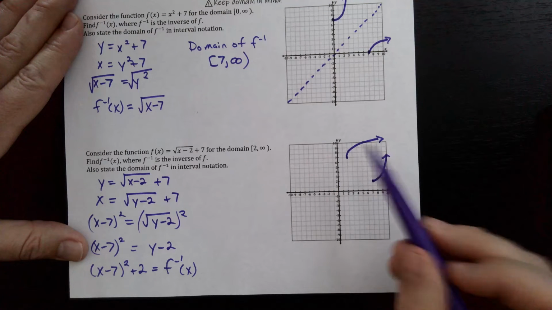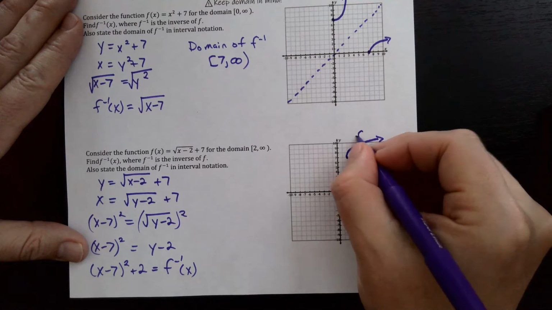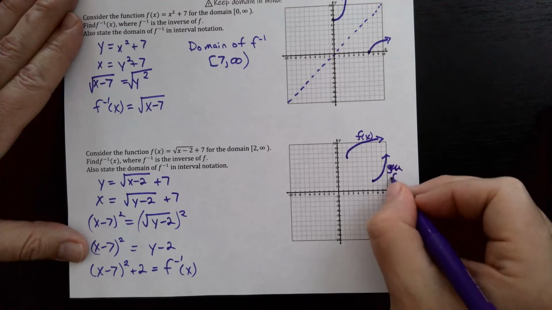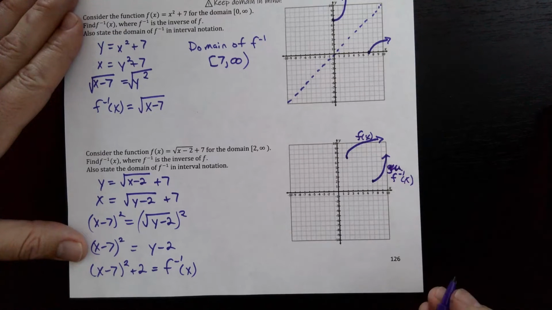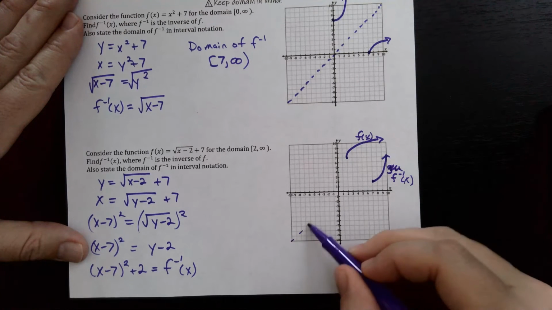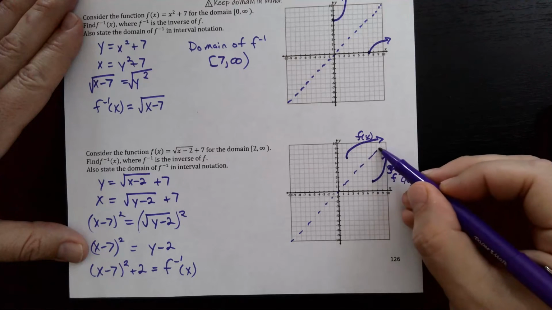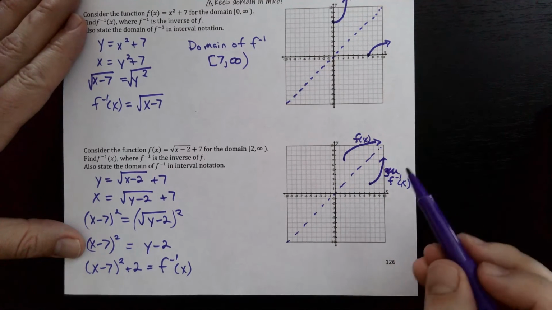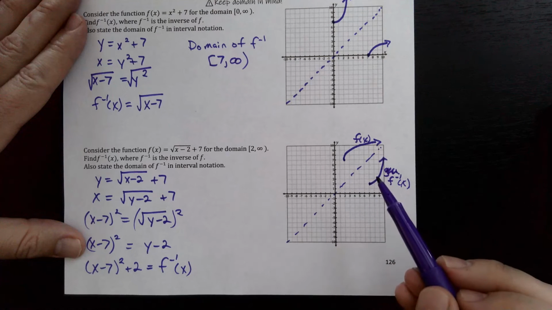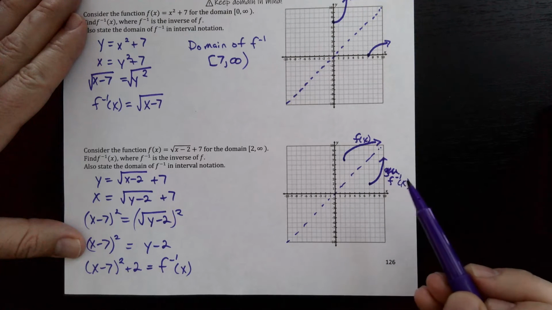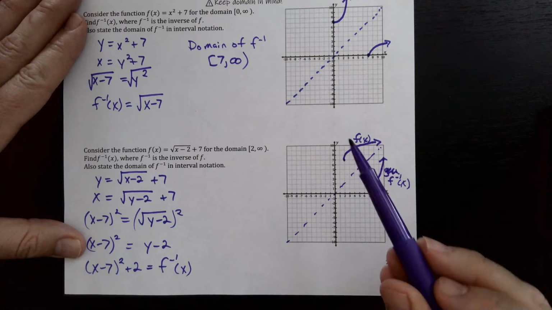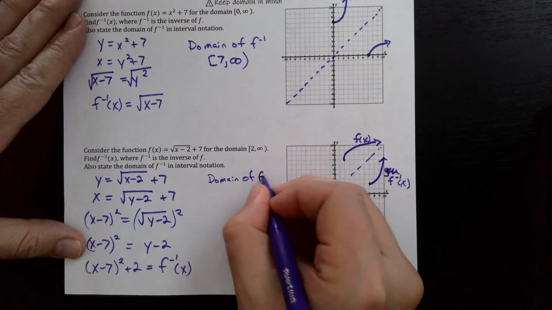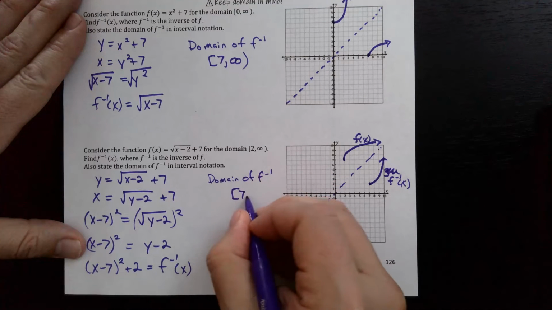The range of the original function f of x is the same as the domain of f inverse of x. It looks like this, and notice that it creates a mirror image on either side of the line y is equal to x. So what is the domain of this one? It's the same as the range, like I said. It goes from 7 to infinity, just like the range of the original goes from 7 to infinity. So the domain of f inverse goes from 7 to infinity.